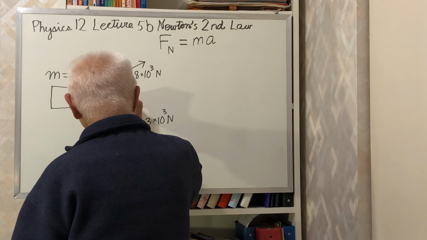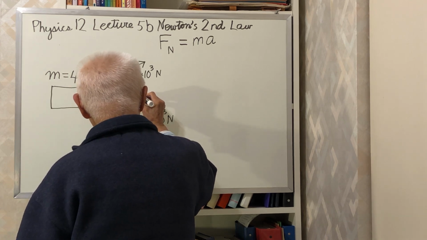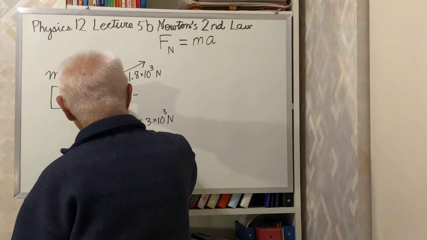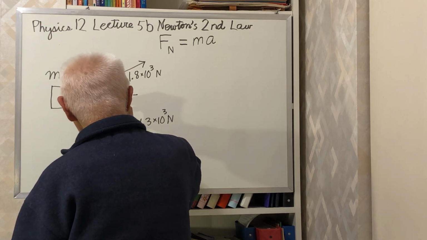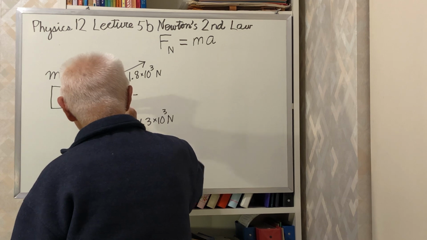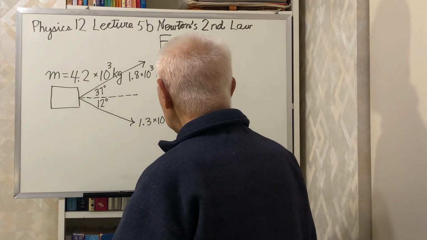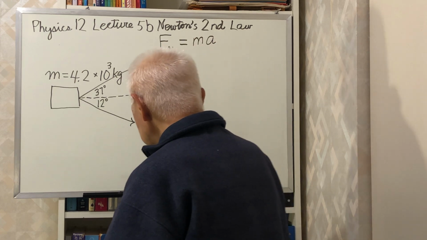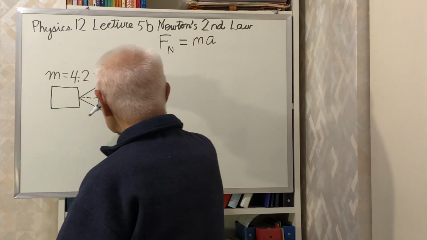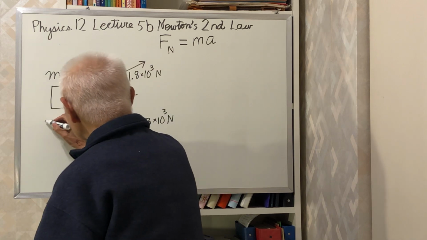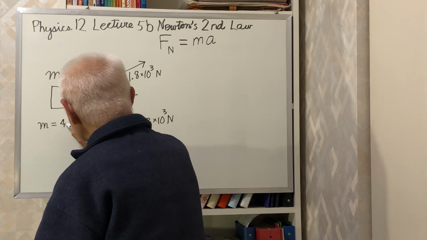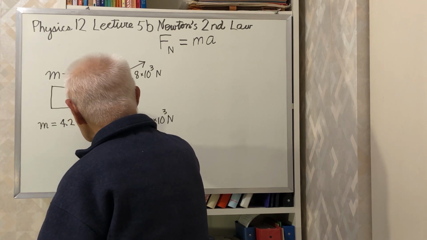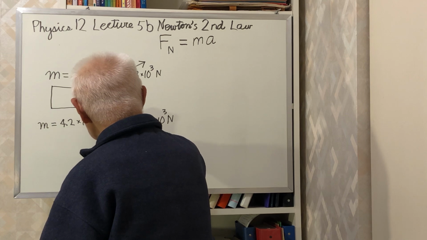And this dotted line is horizontal and the angles here: 37 degrees. Another angle here is 12 degrees. Okay. Let me erase this to make it clearer. M is 4.2 times 10 to the 3 kg.